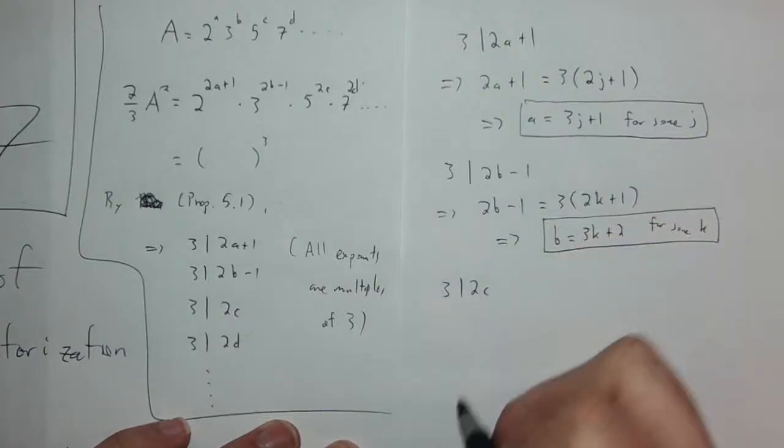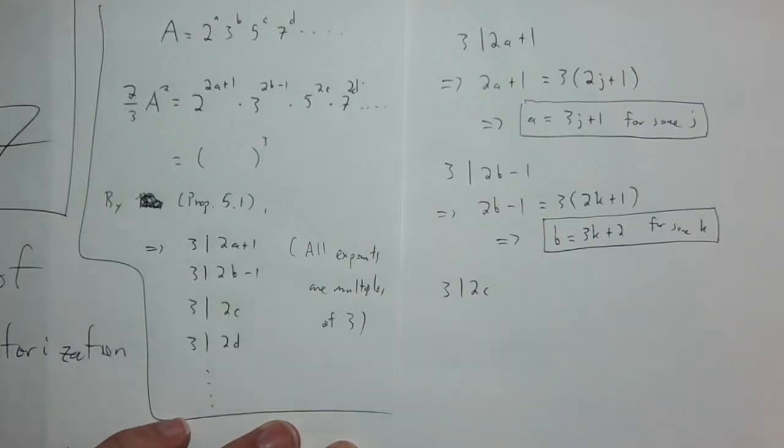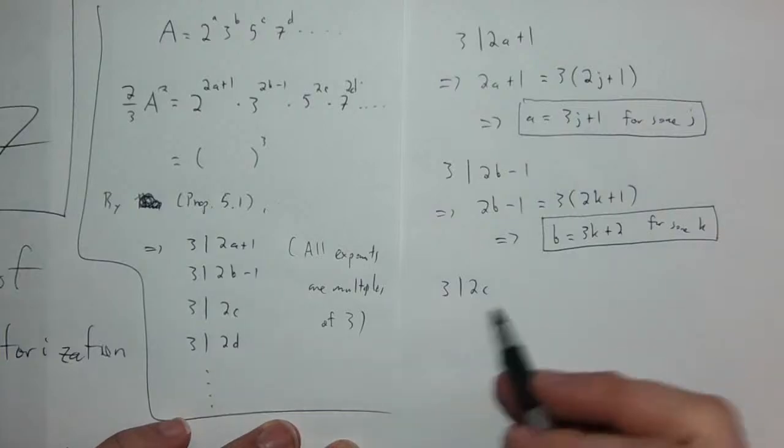So if 3 divides 2c, well, 3 is also larger than 2. So the GCD of 2 and 3 is 1. And so what do I get here?